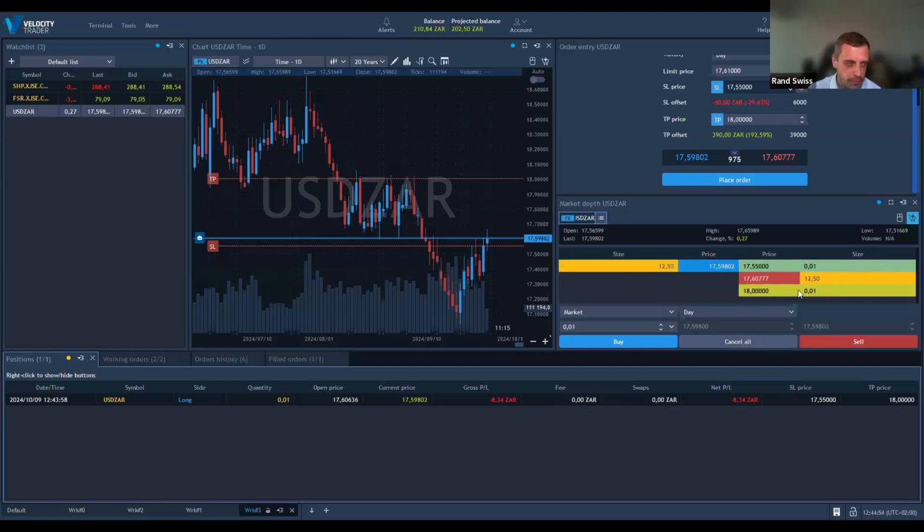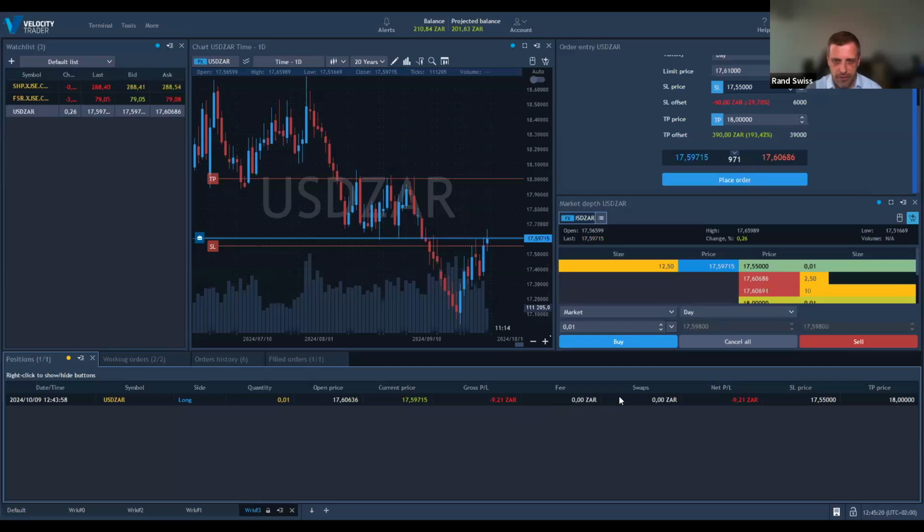Instead, the fee is inside the spread. So basically, you start at a loss. And you have the price have to come back a bit before you start to make a profit. So that's Forex. That's why it's saying 0. It doesn't necessarily mean you didn't pay a fee. It just means the fee is inside the price, inside the spread.